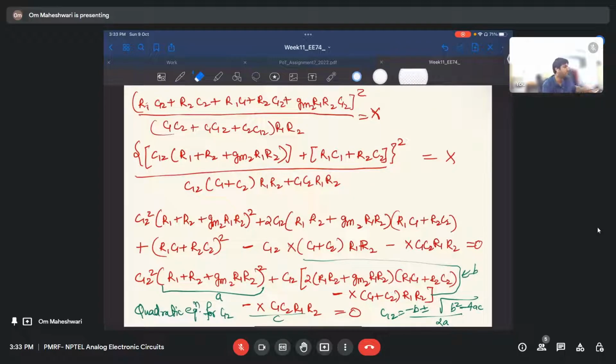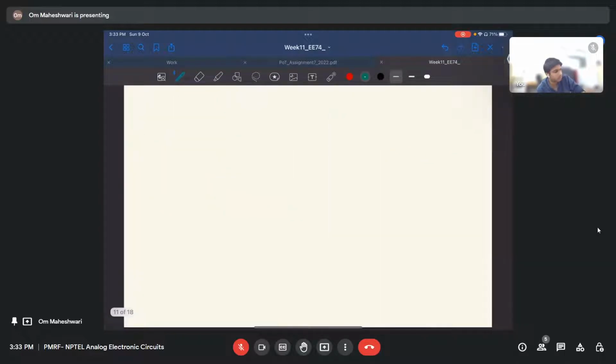So you will get two values of C12 from here. One will be negative, which you will ignore. On solving, C12 equals 4186 femtofarad.